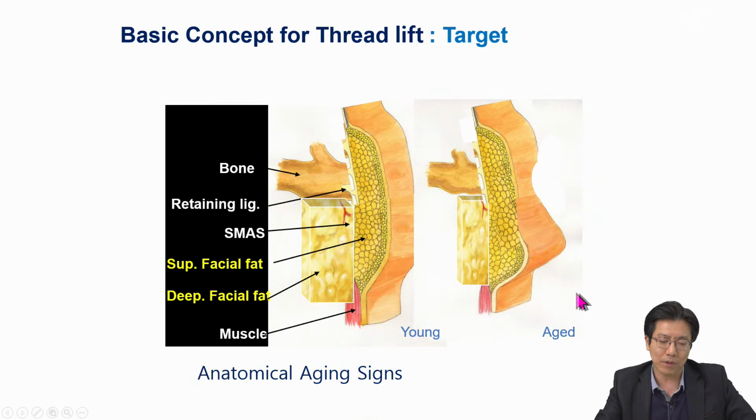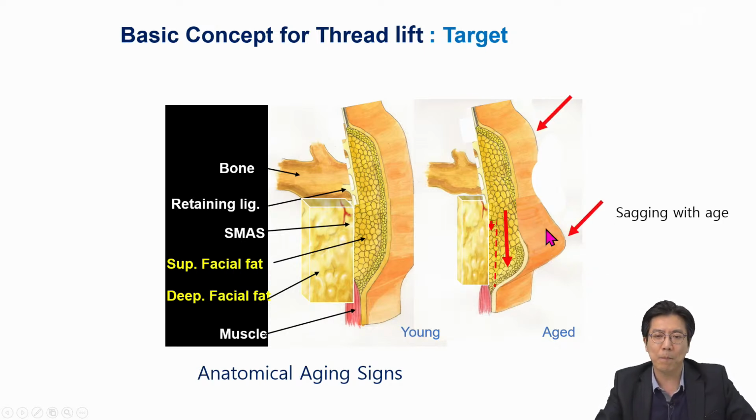So why is it so important? This figure is the cross-section of the midface. The displacement of a mobile fat compartment occurs as a result of weakening of supporting structures. So the mobile fat compartment goes down as we age.